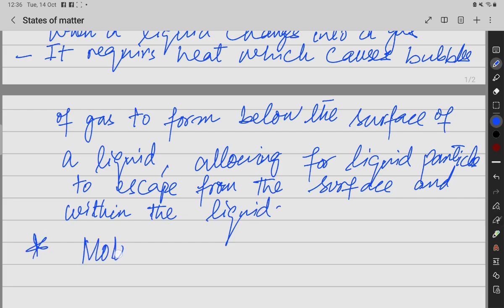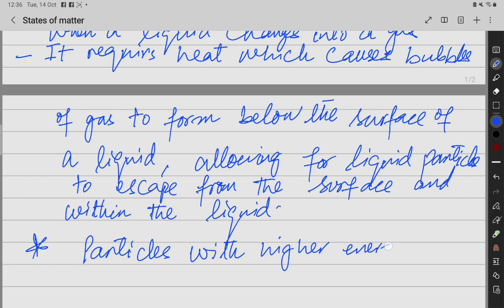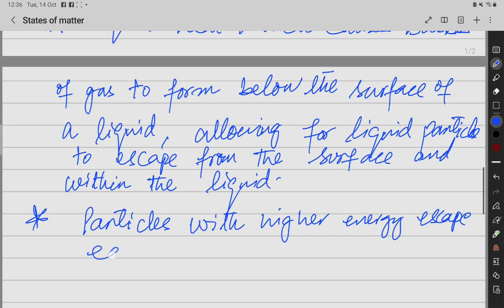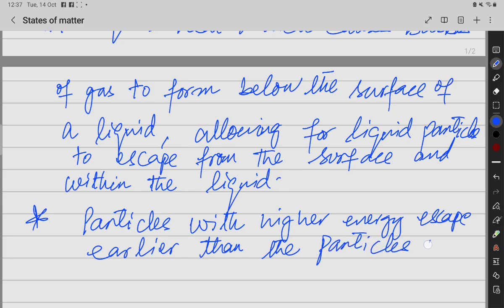The molecules, or particles, you can say, with higher energy level escape earlier than the particles with lower energy.